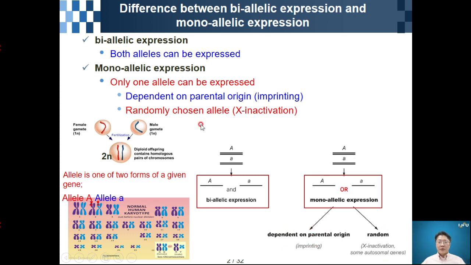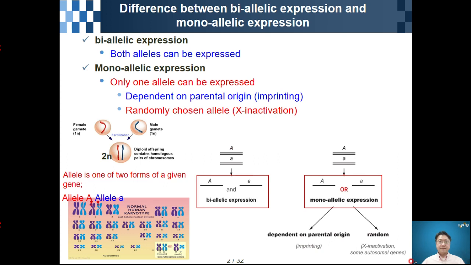Or it can be a randomly chosen allele. The very famous example is X inactivation. So in this chapter, we will cover imprinting and X inactivation.